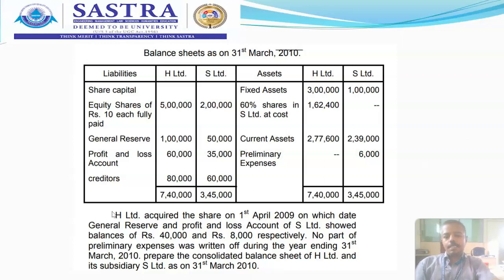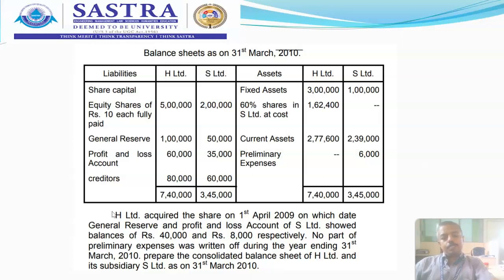Third, current assets of rupees 2,76,000 and 2,39,000. The last one is preliminary expenses. For H Limited there are no preliminary expenses, whereas S Limited has preliminary expenses of rupees 6,000. So the total assets of H Limited are 7,40,000 and of S Limited rupees 3,45,000.